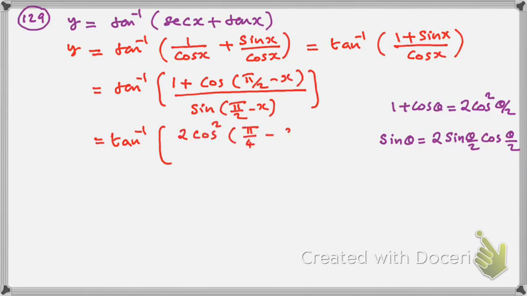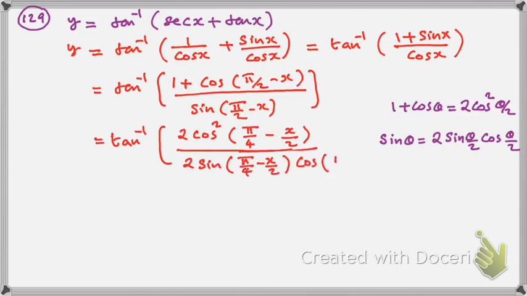So it's going to look like 2 cos square pi by 4 minus x by 2 divided by sin theta, which is 2 sin theta by 2 cos theta by 2. So sin theta, this whole thing is my theta, pi by 2 minus x, would be 2 sin of half of this angle, which is pi by 4 minus x by 2, into cos pi by 4 minus x by 2.